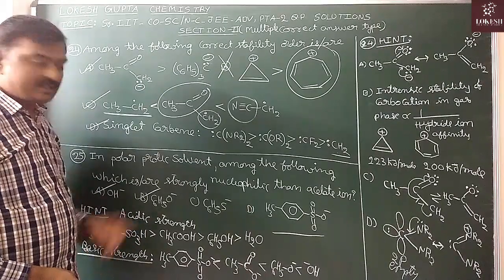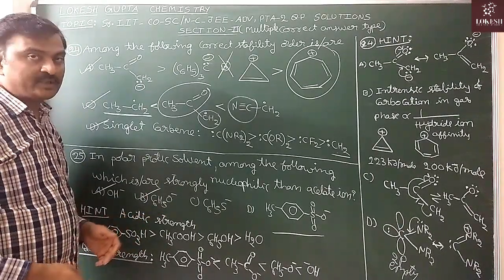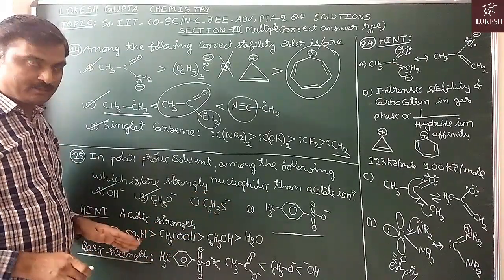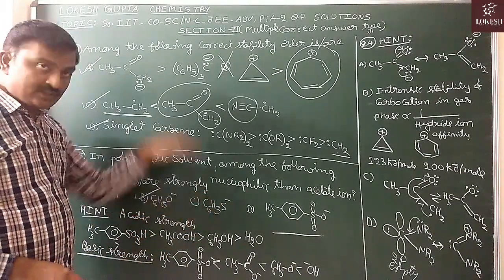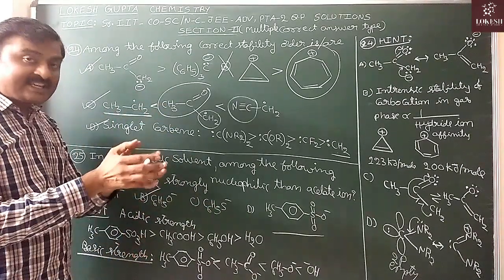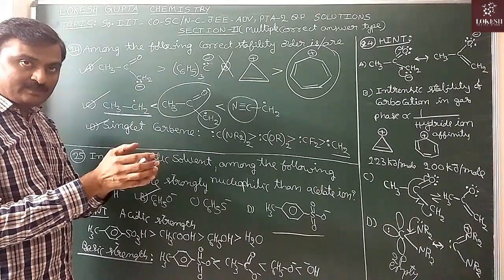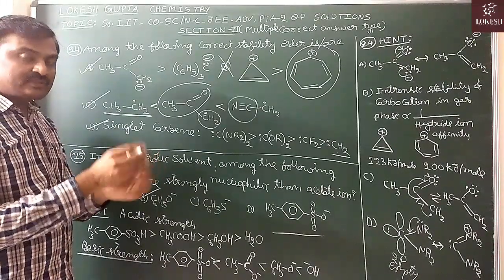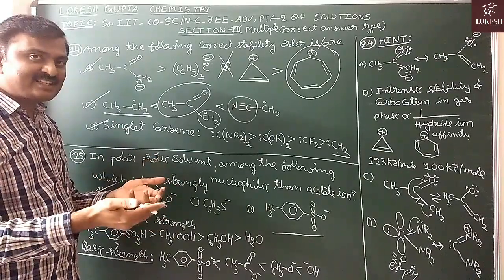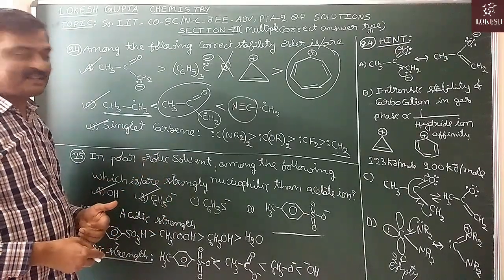Thiophenoxide is the conjugate base of thiophenol. Here the donor atom is sulfur, so we should not compare like this. Now oxygen and sulfur are in the same group, the 6th group. Down the group, the size of the nucleophilic atom increases, so polarizability increases. As a result, nucleophilicity increases.